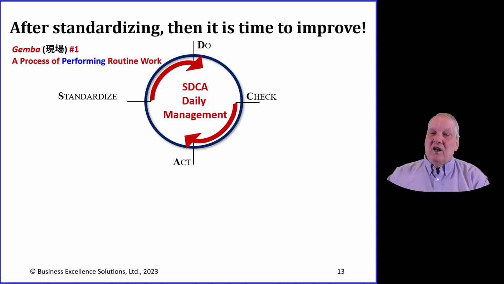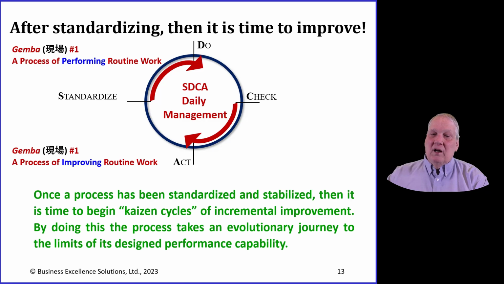Now, after standardizing, then it's time to improve. So SDCA, we go through first performing the work and then the process of improving the work. And once a process has been standardized and stabilized, it's time to begin Kaizen cycles of improvement. And this is how we take an evolutionary journey to the limits of the design performance capability.